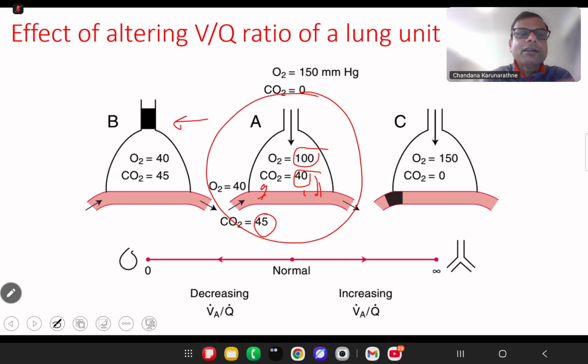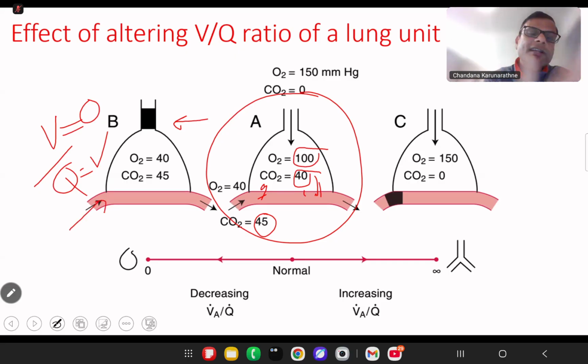If you take the whole lung and obstruct it, there is no gas and they will die, but theoretically, if ventilation is 0, you still get the normal amount of perfusion. This is called a shunt because the blood does not participate in gas exchange, since there's no ventilation happening. That is why you draw a right ventricle over here in this diagram.